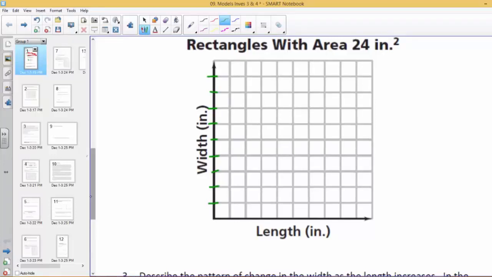So probably 500,000. Yeah, let's go with that. So 500,000 inches. So this would be a million. Skip 1, you have 2 million. Skip 1, you have 3 million.